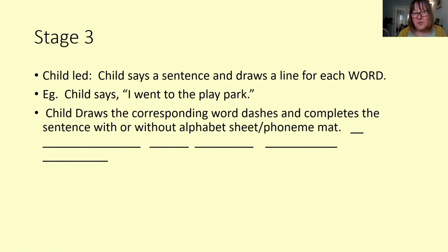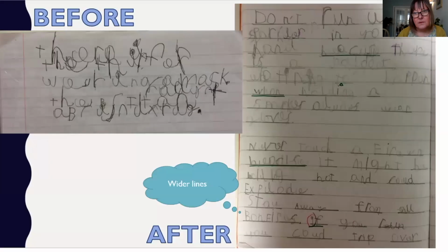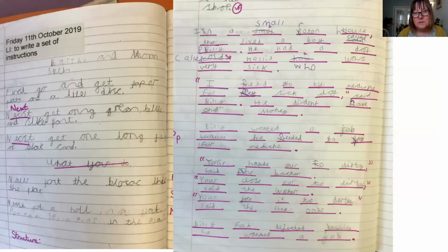Once they get onto this stage and are working almost completely independently, you might consider whether a sound button or recording device would help them to remember the sentence in between them saying it and writing it down. Here are some further examples. And you can see how it can be used for quite extensive writing.